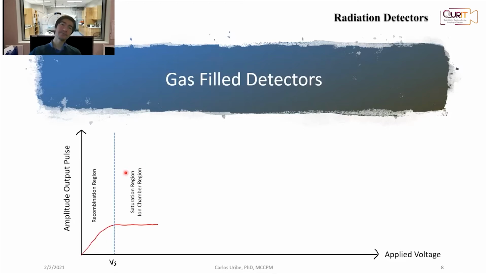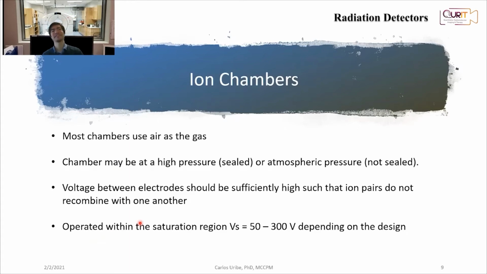And this region, which we call either the saturation region or the ion chamber region, is what brings me to the first type of detectors, what we call the ion chamber detectors. Now, most of these ion chambers use air as the gas. So as I said before, these chambers may be at a high pressure. So of course, if you have high pressure, that chamber has to be sealed, or it can be exposed to the atmosphere.